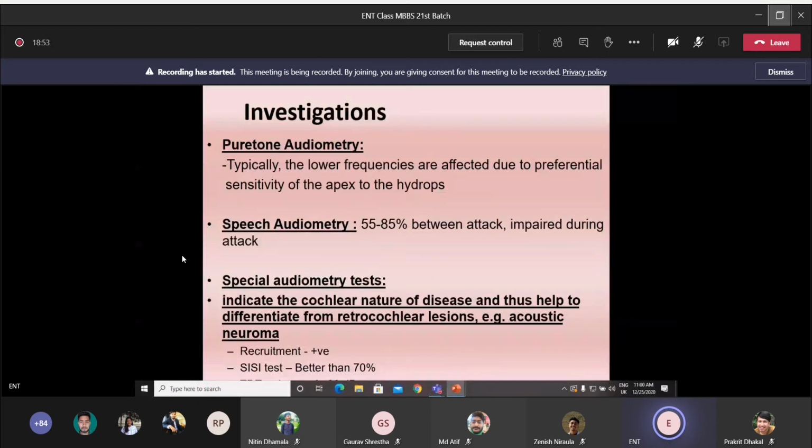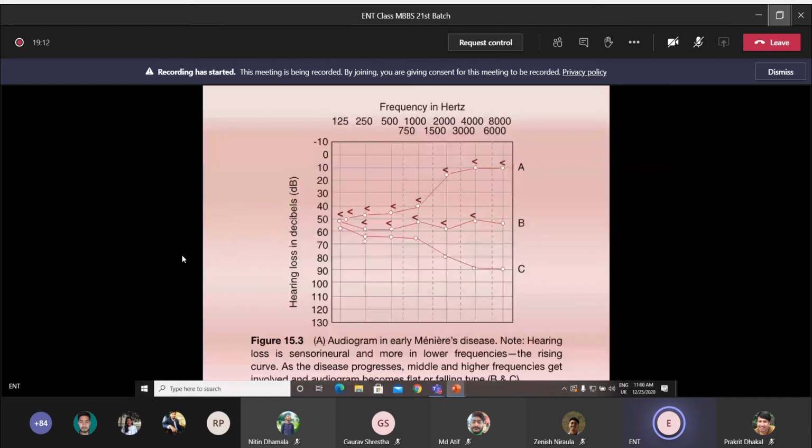But the investigations of Meniere's disease are a very common question, so please, you should know and write accordingly. The recruitment test is positive, and the short increment sensitivity index (SISI) test is better than 70%. And there's a table in your book.